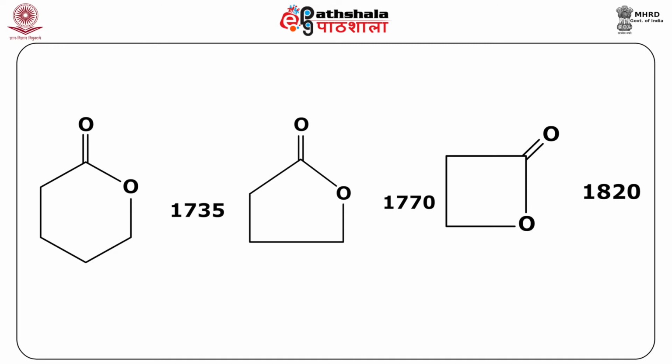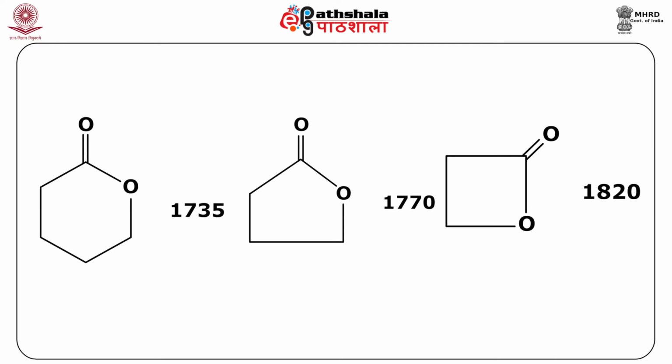Because of ring strain, gamma butyrolactone and beta butyrolactone show C double bond O stretching at 1770 cm inverse and 1820 cm inverse respectively.